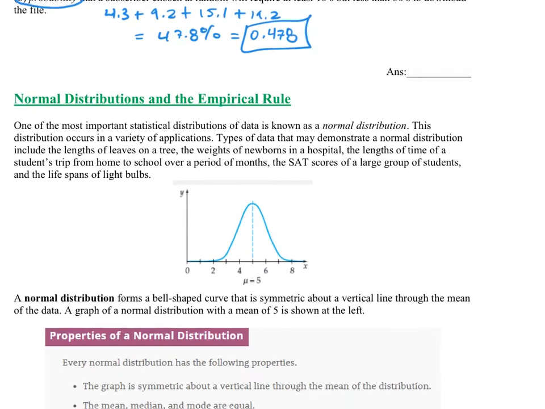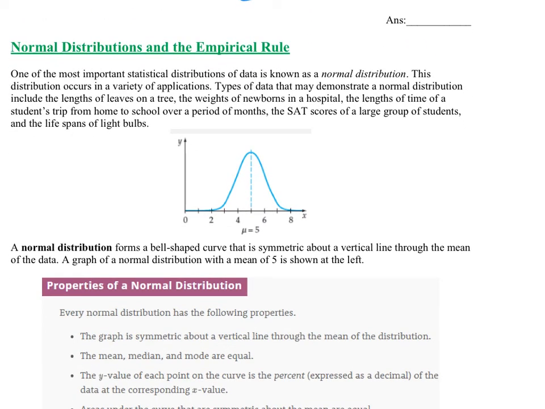Okay, let's look at what a normal distribution is. It says one of the most important statistical distributions of data is known as a normal distribution. This distribution occurs in a variety of applications. So not all things are normal, okay? But let's make sure we understand what normal is.